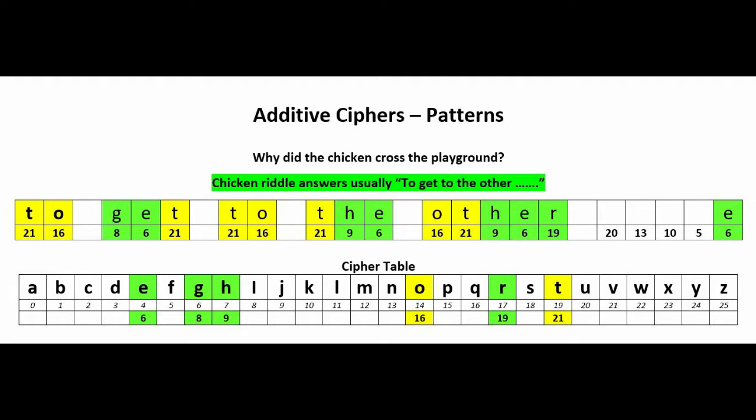So now we can fill in all the other 21s and 16s with the letters O and T, and then we can look at the possible answers to the riddle. So once we've filled in to get to the other and put the corresponding numbers and letters for each one, I've added them in green and then filled in the remainder of the letter. The number 6 was at the end of the line, so we know that the final letter is E.